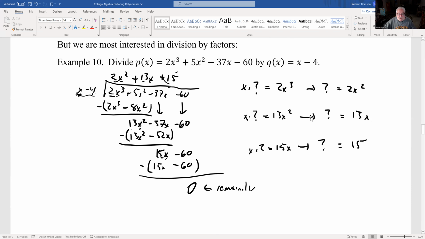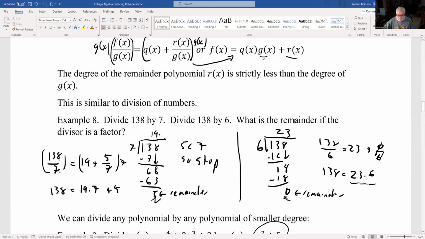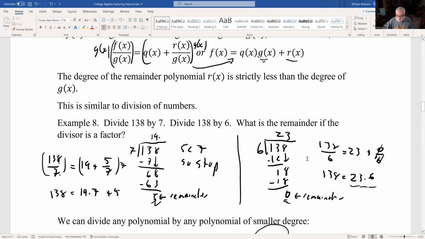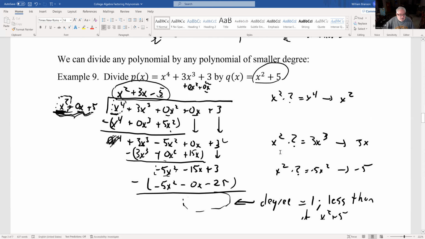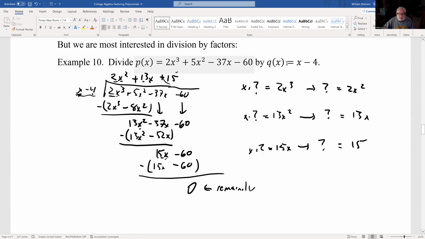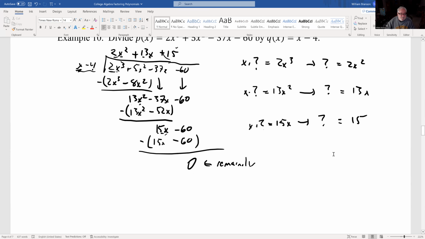And so a very nice thing happens here, right? And it's very similar to this, right? Where we got 138 actually has 6 as a factor. This polynomial has x minus 4 as a factor.